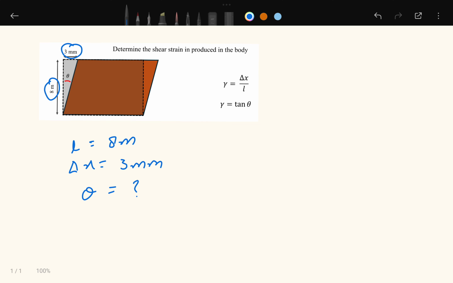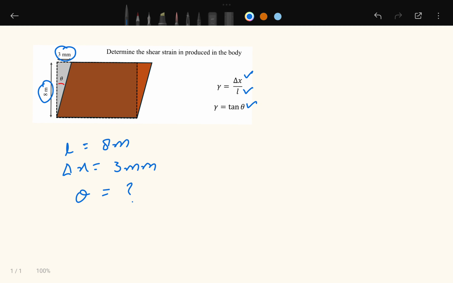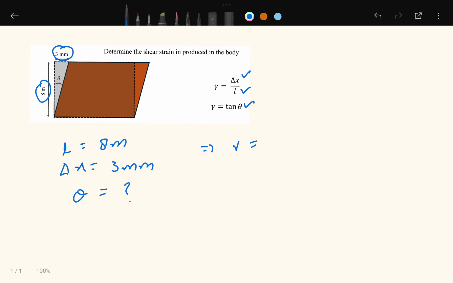To know the shear strain, we need to know either these two, or we need to know the theta. In this case we know the other two, so our shear strain will be equal to delta x divided by L. Delta x is 3 millimeters, so you can convert it into meters, or you can just keep everything in millimeters, that's even better. So you have 3 millimeters divided by 8 meters, which is 8,000 millimeters.